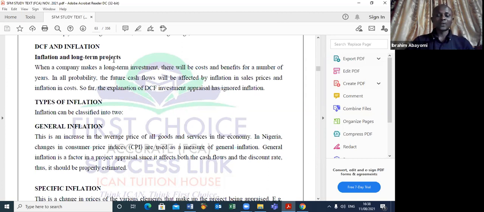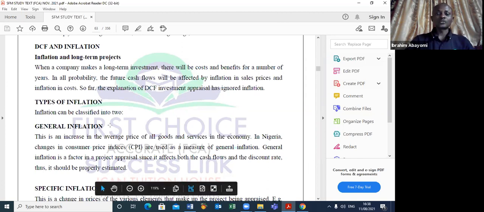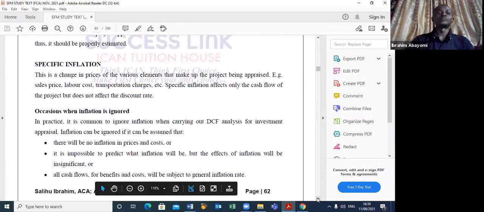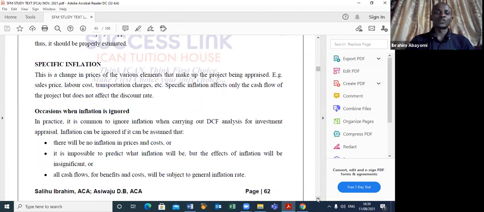Now, how do we factor in the effect of inflation? You have to know that we have 2 types of inflation. The first type is what we call specific inflation. When we say an inflation rate is specific, we are simply saying that each of the items of the cash flow in that question is affected by a unique inflation rate.